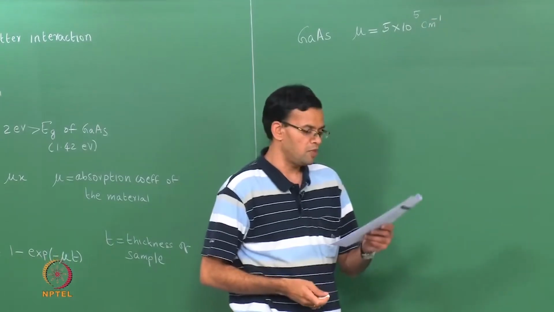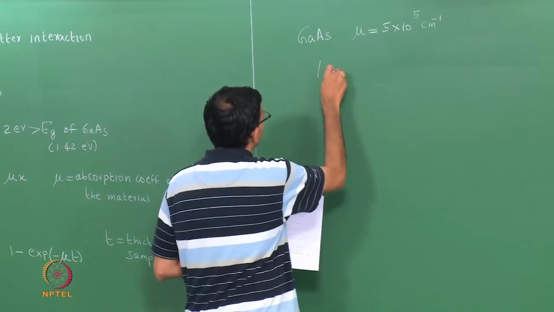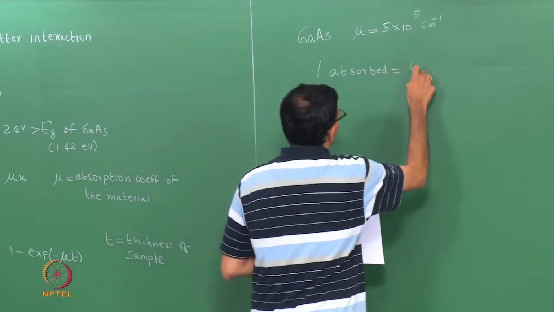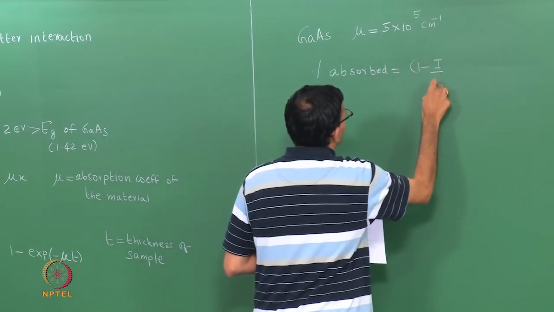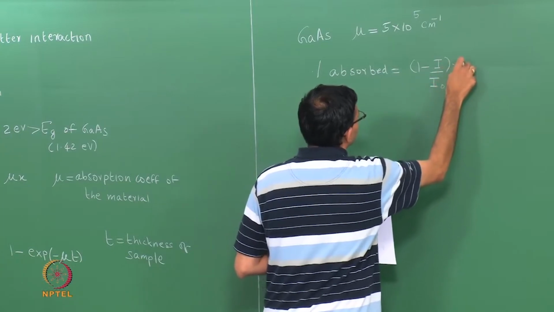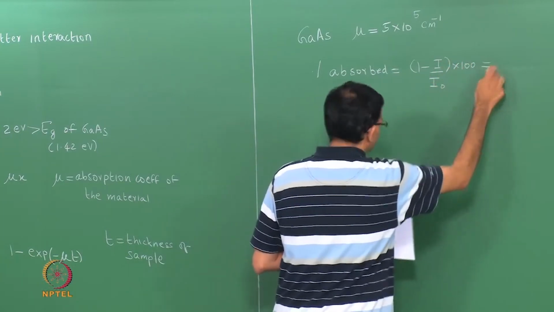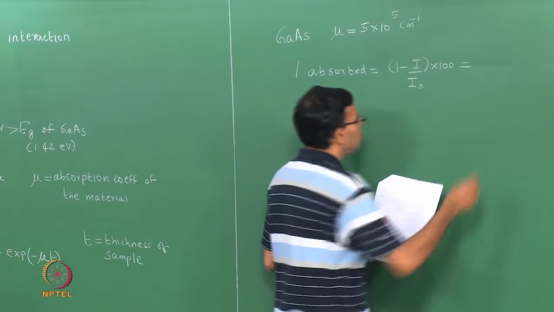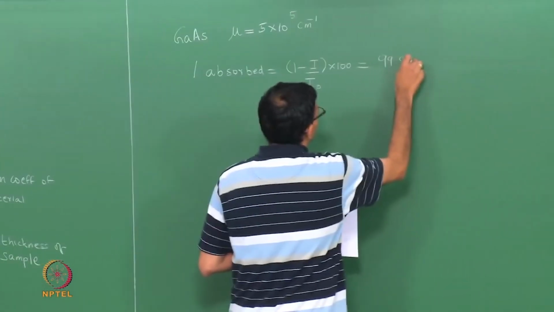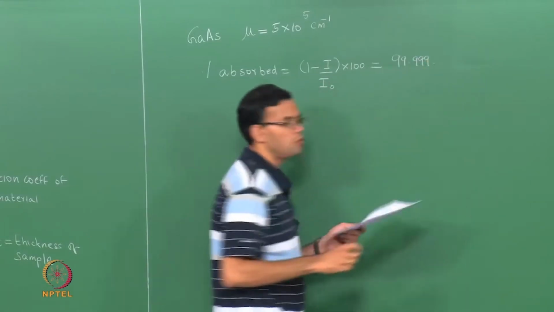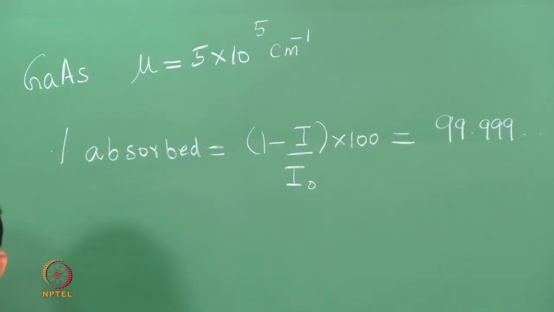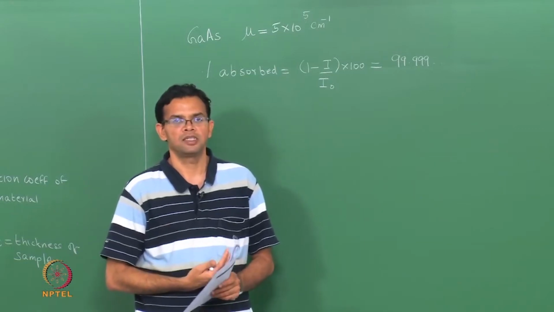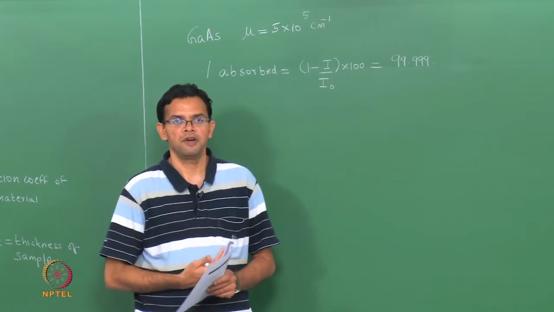So, from this we can calculate the percentage absorbed, which is just 1 minus I over I naught times 100, and here if we substitute all the values, this works out to be 99.999, and there are a few more trailing 9s, which means when you shine light of 2 electron volts on a sample of gallium arsenide that is only 0.35 micrometers thick.